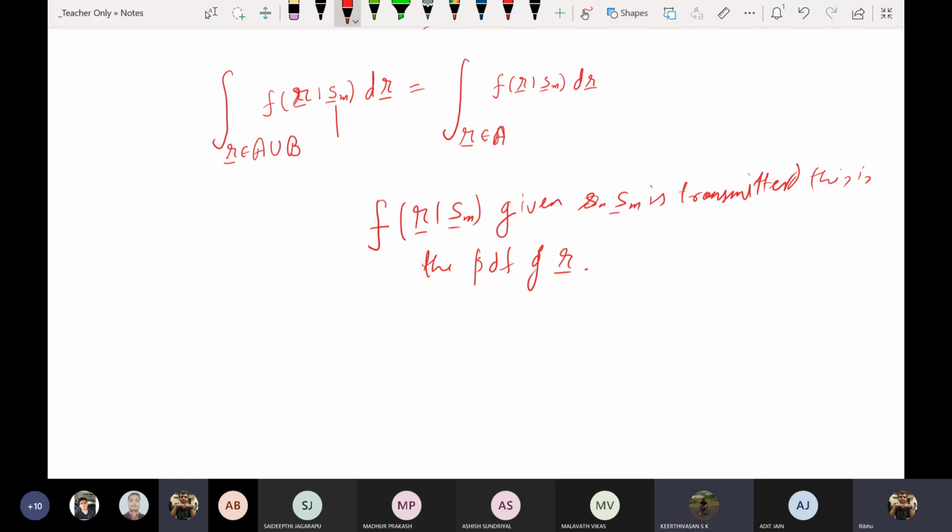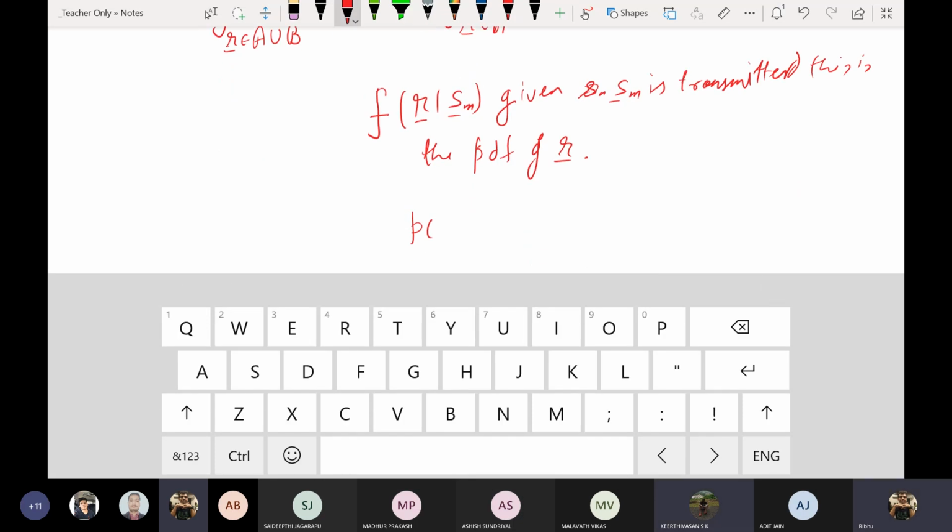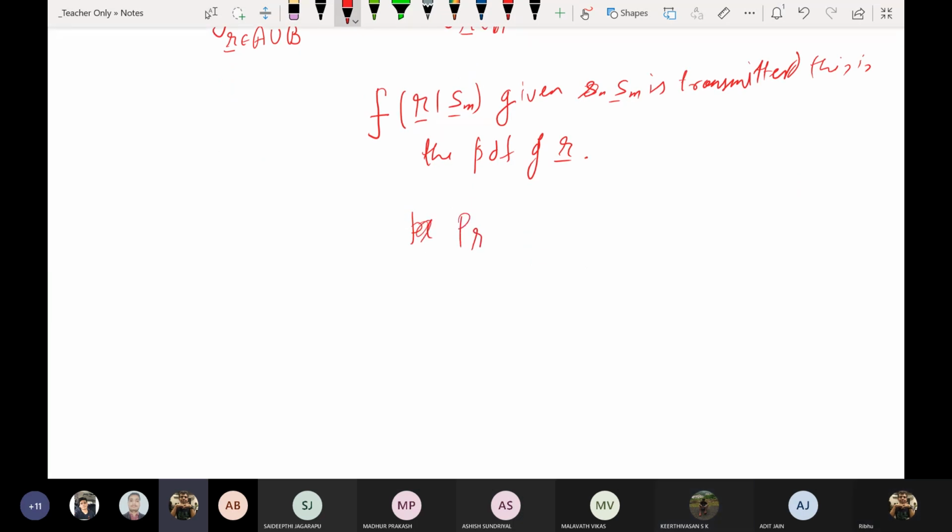And we were saying this p into f of r given sm, right? So p represents the probability of sm occurring while sending. It's not a natural phenomenon; someone, the transmitter, is transmitting these.